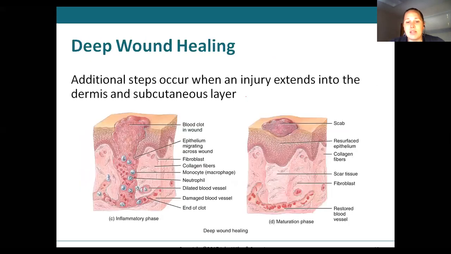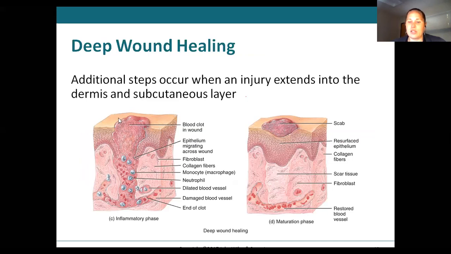Deep wounds are slightly different. You're going into far deeper layers of the skin, and so that's going to require a bit more of a response from your immune system. Not that it's not activated in superficial wounds, but in deep wounds you actually have your circulatory system allow for a blood clot to be formed.